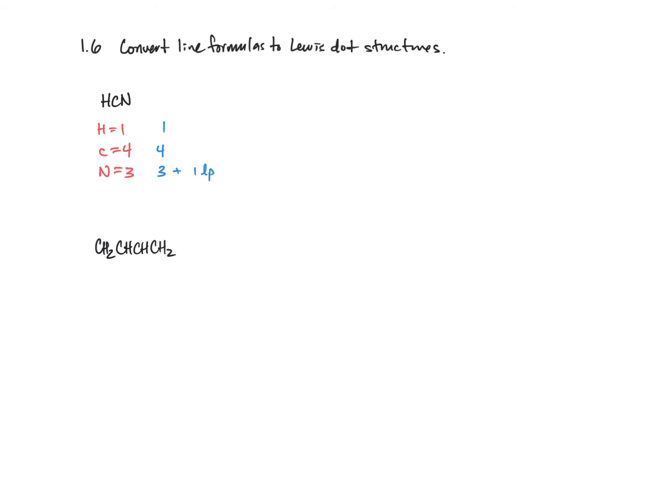So let's draw those things out. We have H with an unpaired electron, carbon has 4 unpaired electrons, and nitrogen has 1 lone pair and then 3 valence electrons that are participating in bonding.